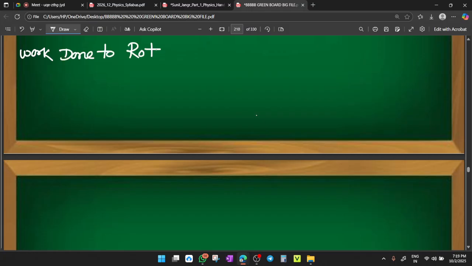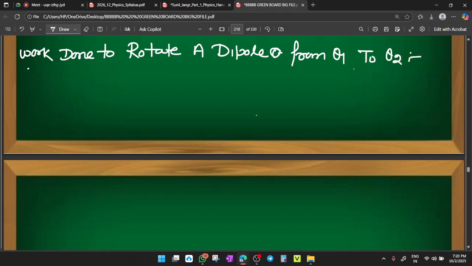So our first derivation is work done to rotate a dipole from theta 1 to theta 2. Theta 1 is any random angle that our dipole is making with the magnetic field, and we bring this dipole up to angle theta 2, another random angle. Clear?